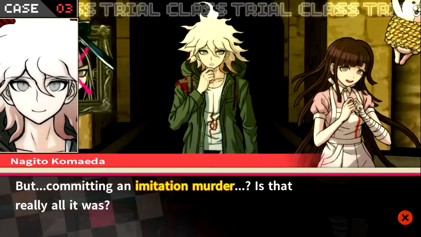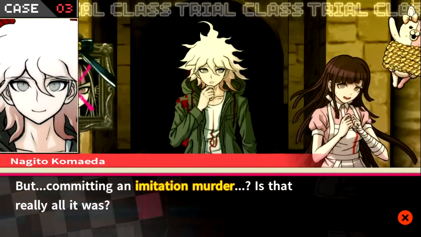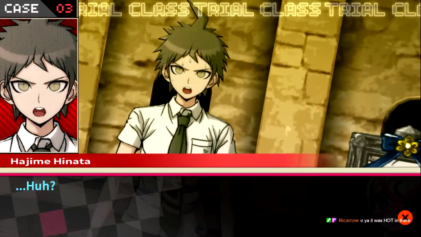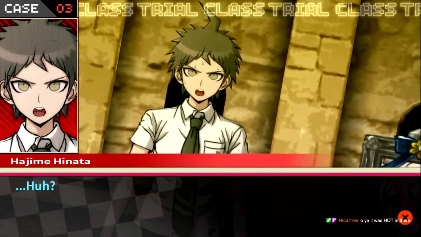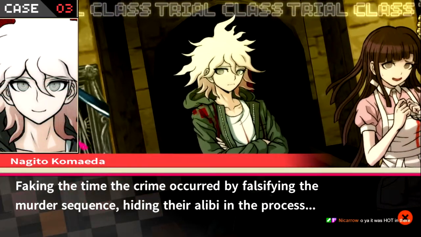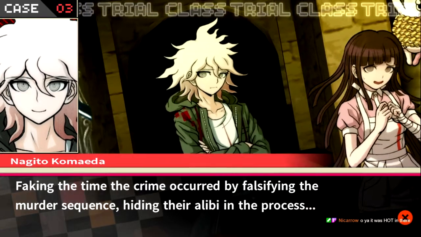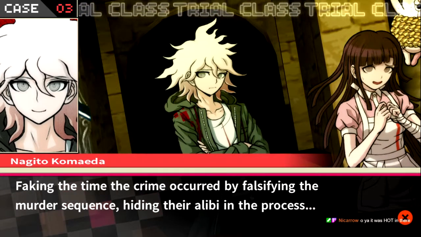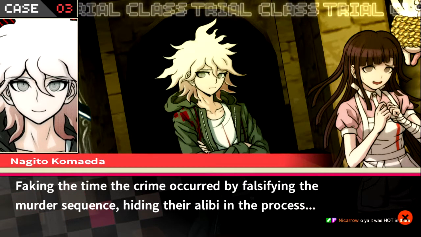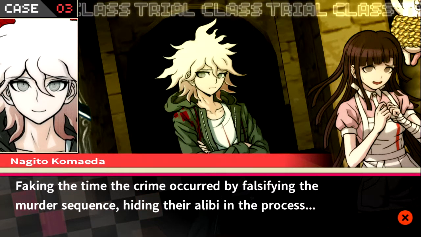But committing an imitation murder, is that really all it was? Huh? Faking the time the crime occurred by falsifying the murder sequence, hiding their alibi in the process. Yeah, it was hot in Hajime's room. Oh, you meant in the venue. It can be hot in two places.